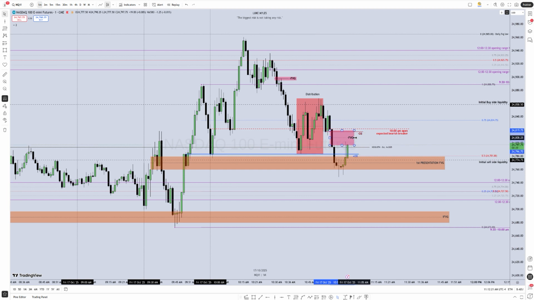I'd want the market to stay in the lower half of that. Having this as a protected high right there.